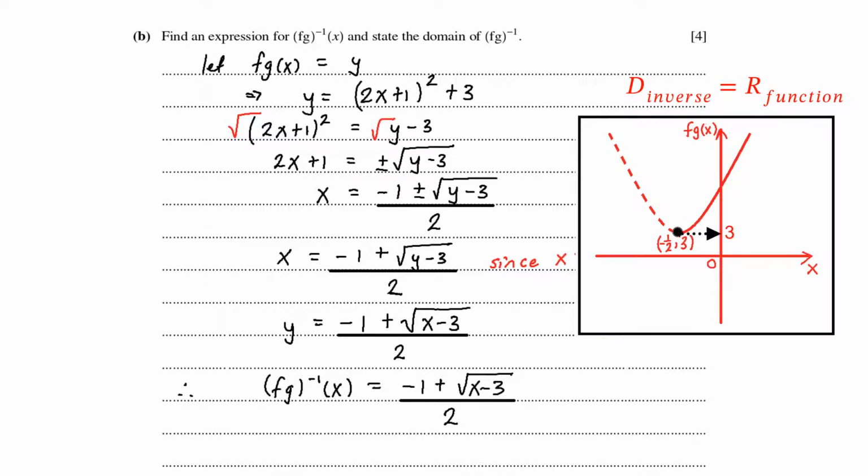And the range of the function fg is f of g of x is greater than 3. Since the range of the function is equal to the domain of the inverse, we can also say that the domain for this inverse is x greater than 3. And that's how we find the domain of the inverse function.